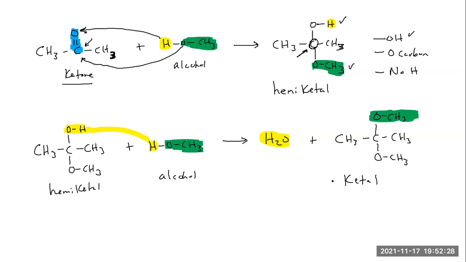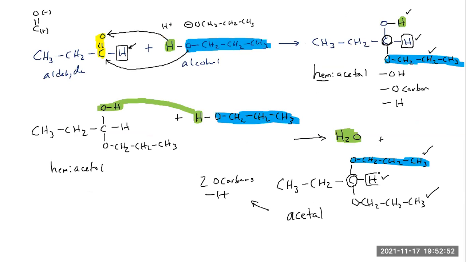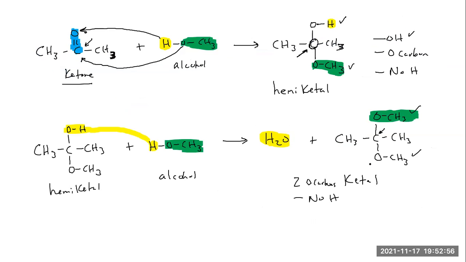And what this guy has is very similar to what we see in an acetal. It has two oxygen carbon groups, which is this group and this group. And just like we see up here, it has no hydrogen on this carbon. That is different than the acetal, which still has the hydrogen that's present. The ketal does not.